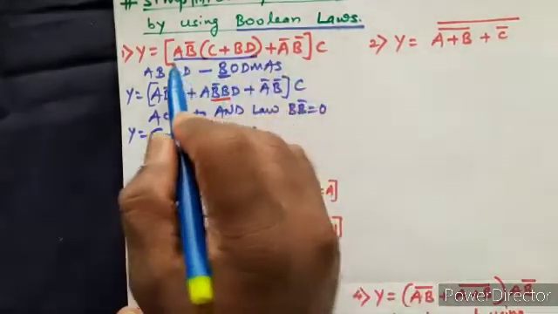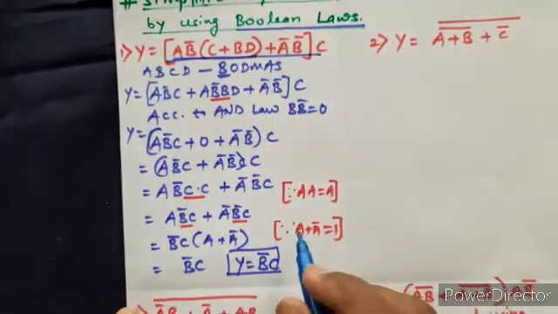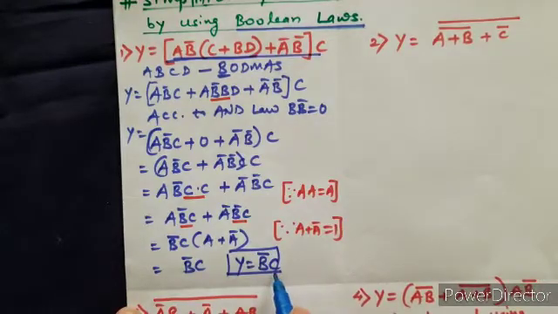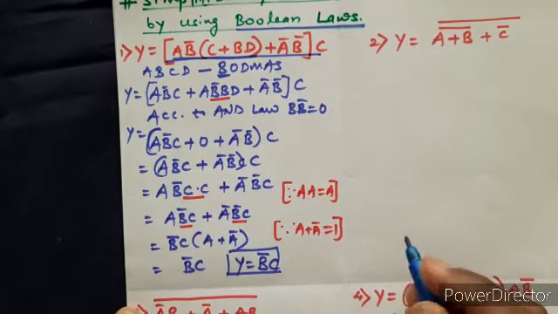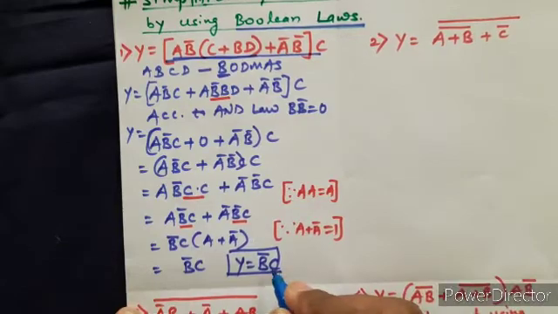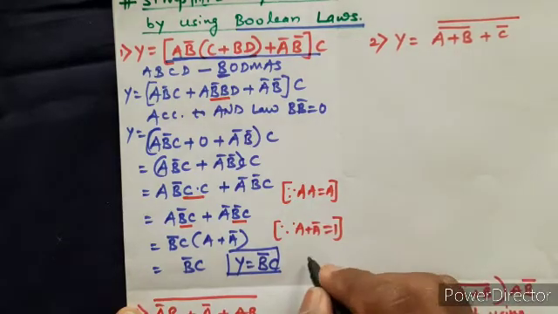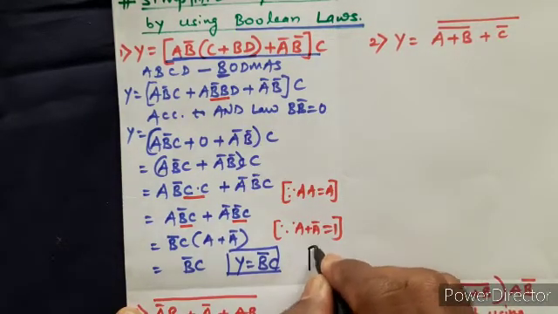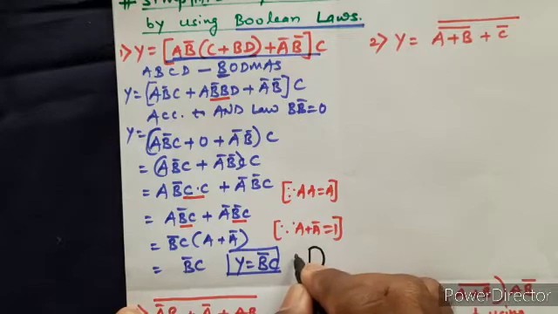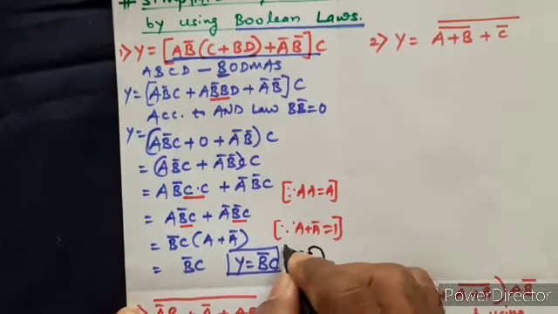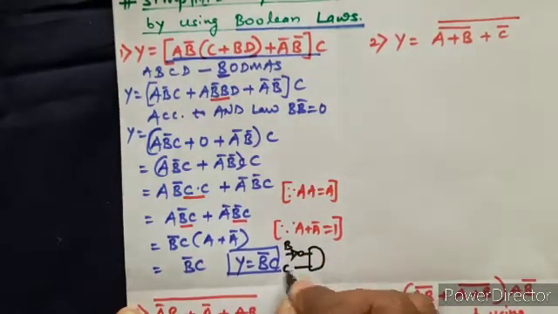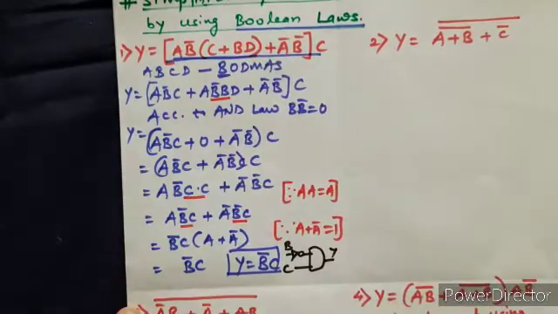I have actually reduced this equation to just two variables. And if I am to implement it, b bar and c are ANDed with each other, so I'll need one AND gate here. Since it is b bar, this is b and this is c, so this is y.